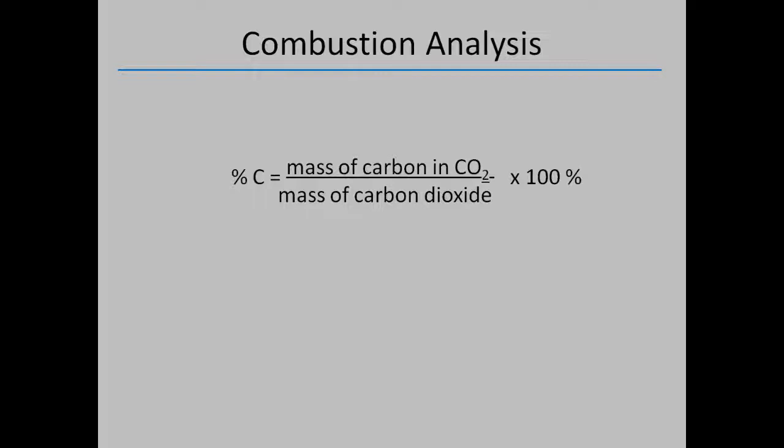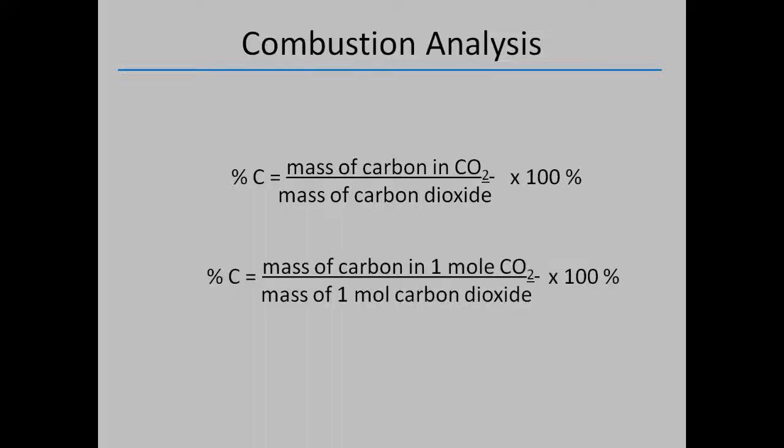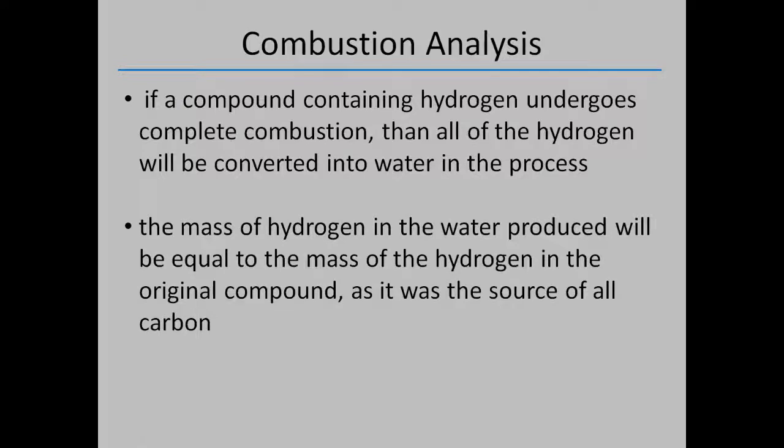But because carbon dioxide is the molecular formula for the product formed in the combustion reaction, its percent composition is always constant. So therefore, I could also say that my percent carbon in carbon dioxide is equal to the mass of carbon in 1 mole of carbon dioxide over the molar mass of carbon dioxide. And these two percents will be equal to each other.